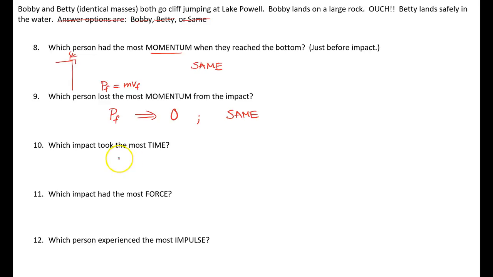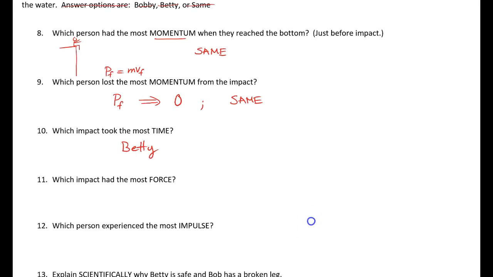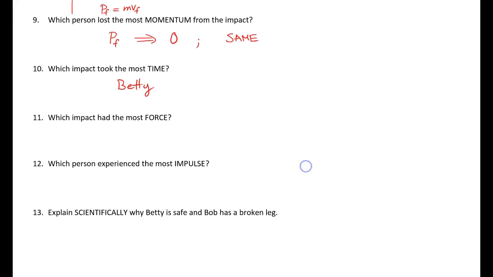It's Betty. Betty took more time because she landed in water. Water takes more time to stop you than a rock. Which impact had the most force? Bobby. Less time means more force.